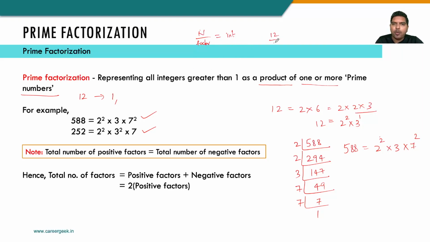For example, 12 upon 2 is 6. So 2 is one of the factors of 12. So if we keep on listing: 2, 3, next is 4 is divisible, 5 is not, 6 is divisible, then 7, 8, 9, 10, nothing, then directly 12. So if a question is asked, how many factors are there? For 12, we'll say there are 6 positive factors.